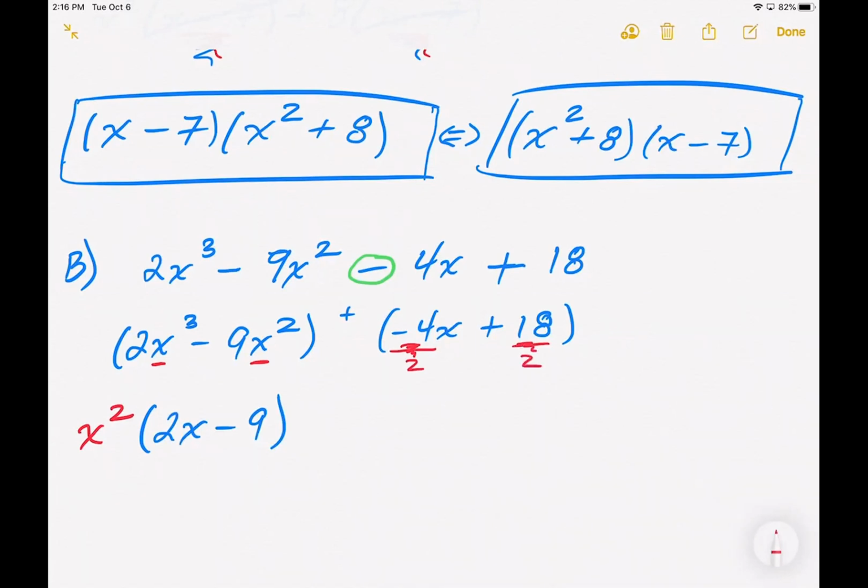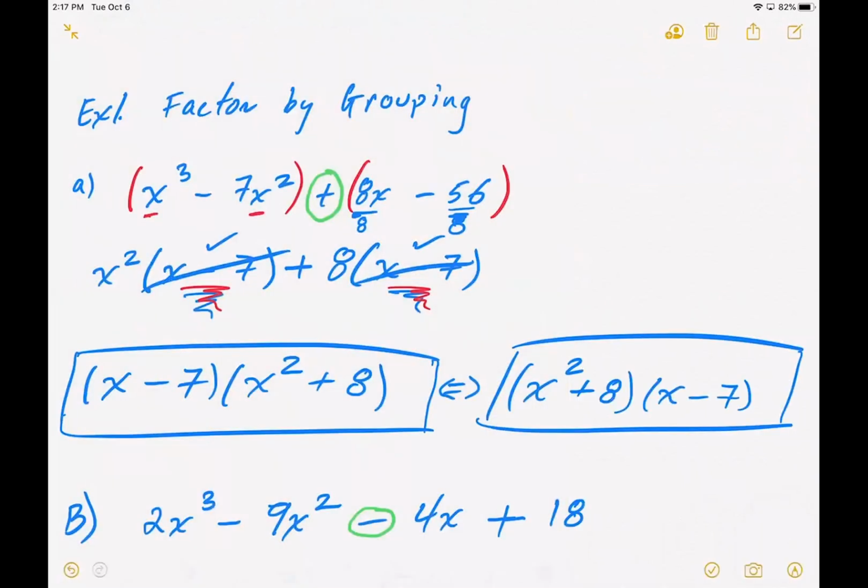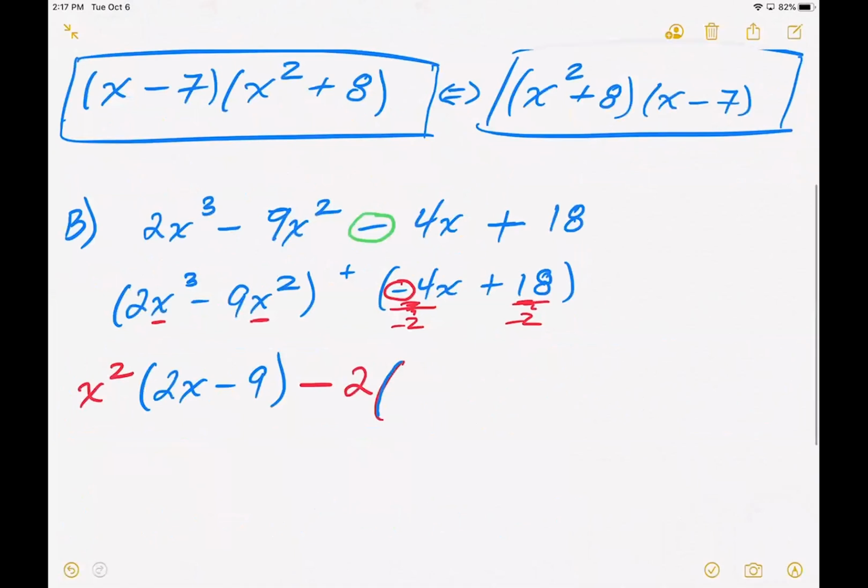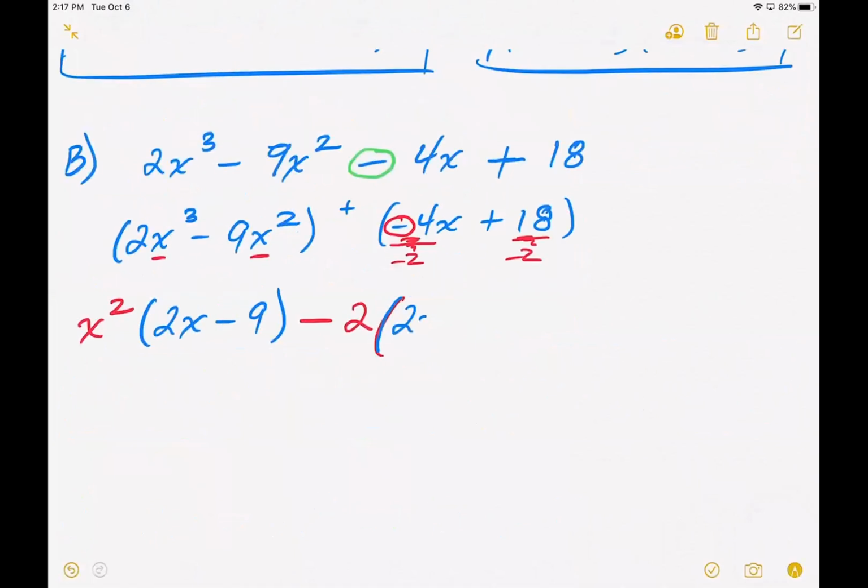But because we have a negative here, when you factor out, you need to factor out a -2. So if you factor out a -2, everybody see that this is what we have. What is a negative going into a negative? A negative going into a negative will give me a positive. So in this case, a -2 going into a -4 will give me a +2. And a negative going into a positive will give me a -9.